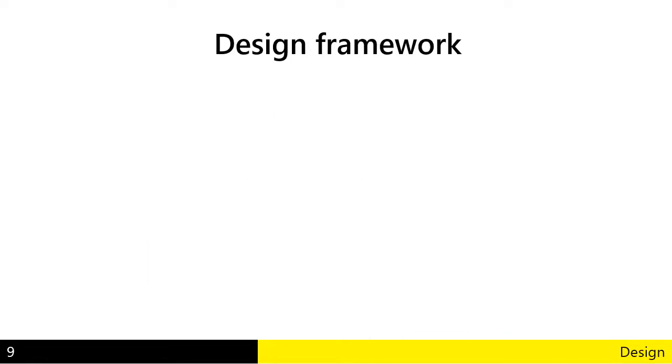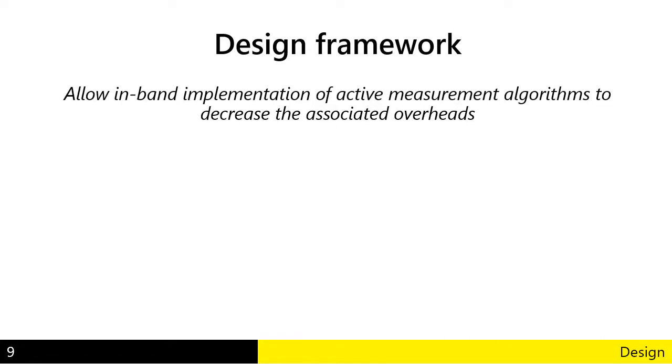Keeping the design goals in mind, our high-level design framework for FlowTrace is as follows. We want to allow for in-band implementation of different active measurement algorithms using application data to decrease measurement overheads. To this end, we first identify the flows we want to use for our measurement and intercept the packets from the flow from the kernel.